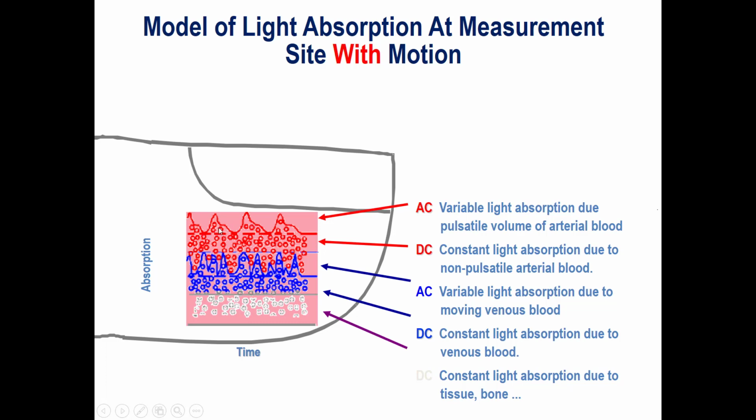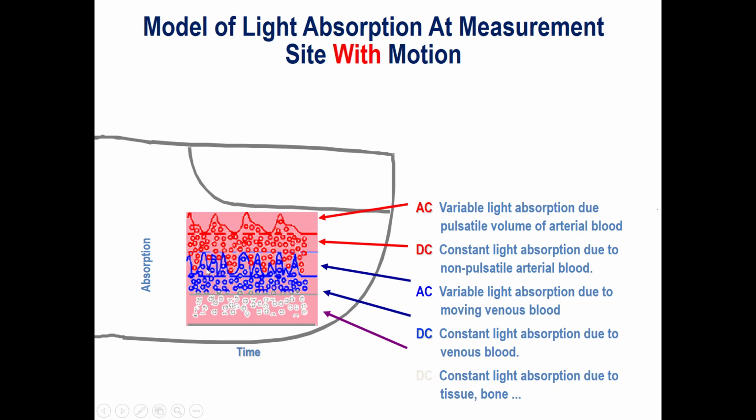But we can differentiate between the arterial AC signal and the venous AC signal. The first difference between these two signals is that the arterial signal, as we said before, is periodic and also has a specific form, as you can see here. So it's periodic with a specific shape, whereas the AC signal from the venous part, which is the result of the motion, is random, depending on the motion and the speed of the motion.